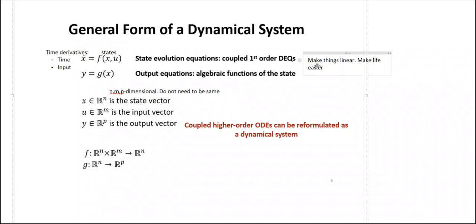This is a first order differential equation, and the output could be represented by y equals g(x). It's pretty linear. All we're trying to do is make things linear, because it makes our life easier, and nonlinear stuff is really hard.